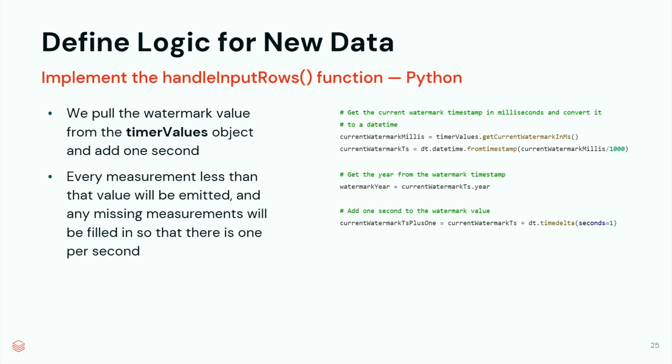So the only time it is safe for us to emit these records for the downstream aggregator is up to and including the watermark, because then we know that any sensor reading we don't have is truly missing and is not going to be sent by a sensor. So this goes to the accuracy of our calculations. This is why for our use case, it's important for us to pull that watermark value every time.